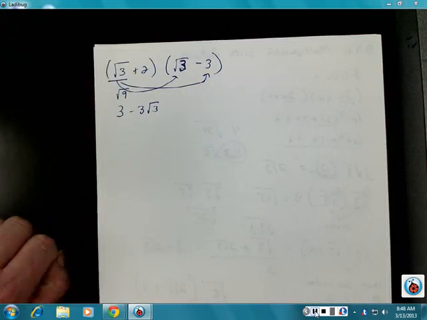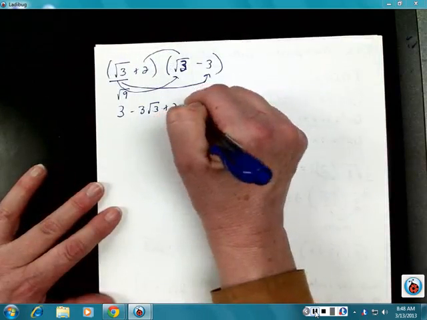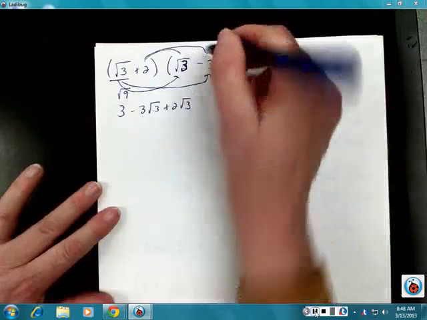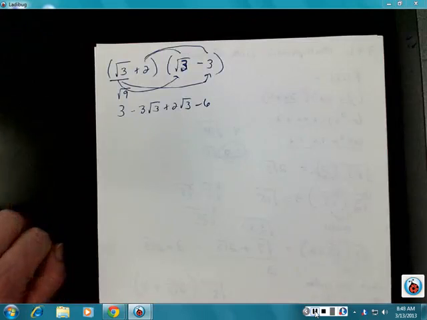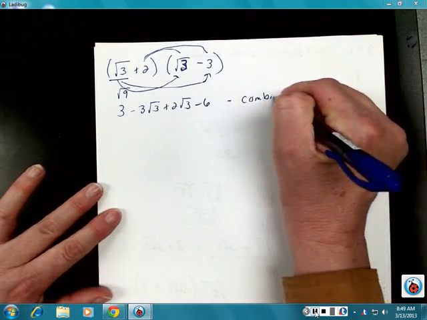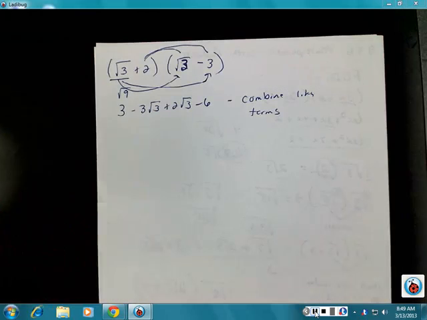Yes? Okay. Now I'm going to do my 2 times the square root of 3, so that's a plus 2 square root of 3. And then finally 2 times a negative 3 is a negative 6. So then what I need to do is go back and combine like terms. In some cases when you combine like terms, you may only end up with 2 terms when you're all done.